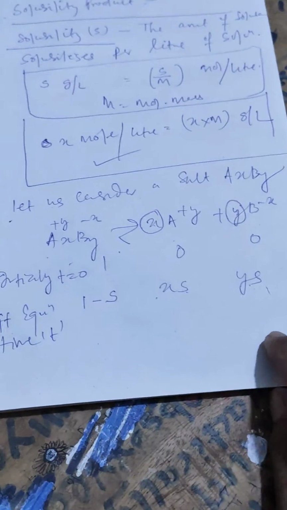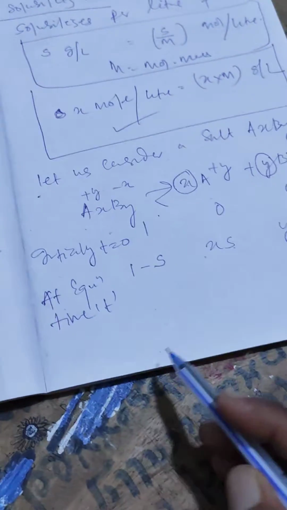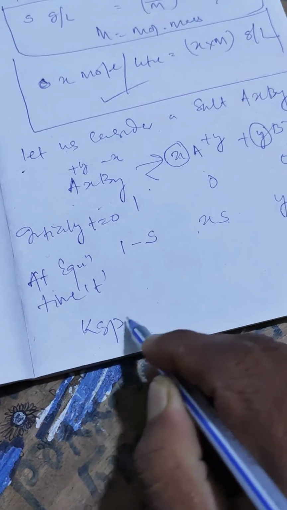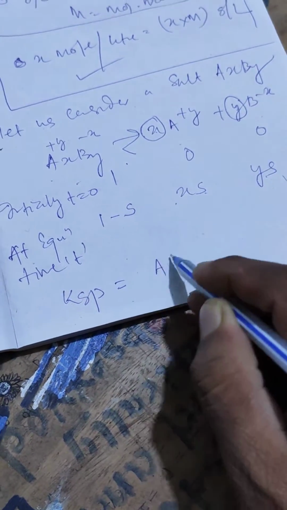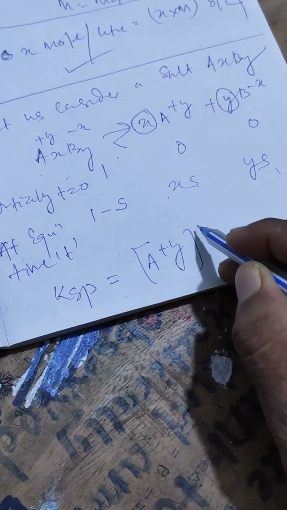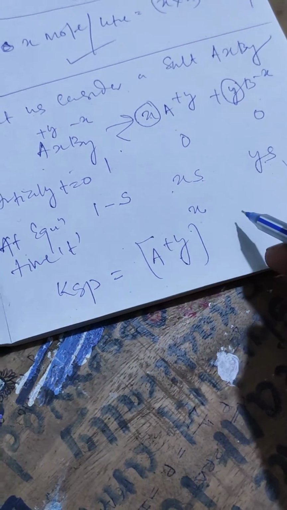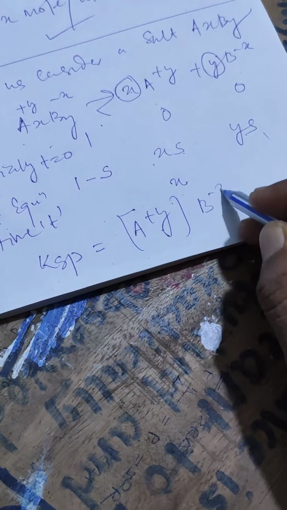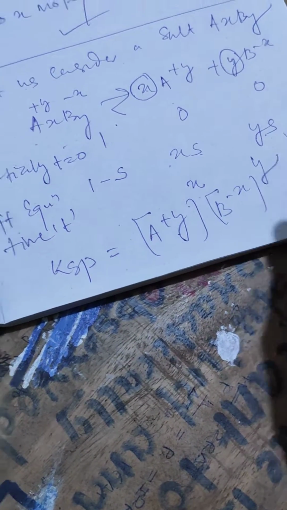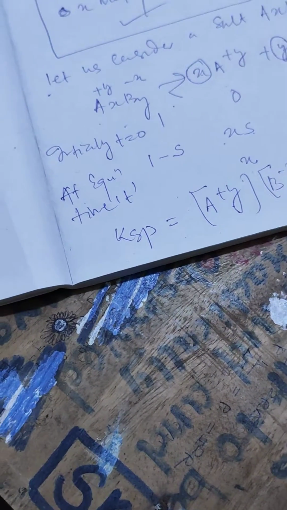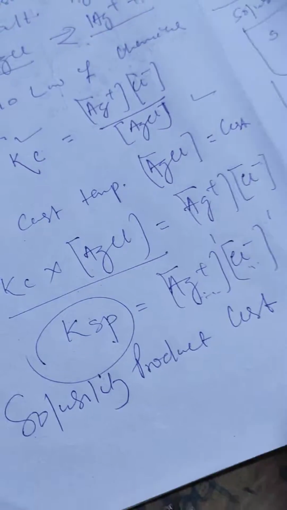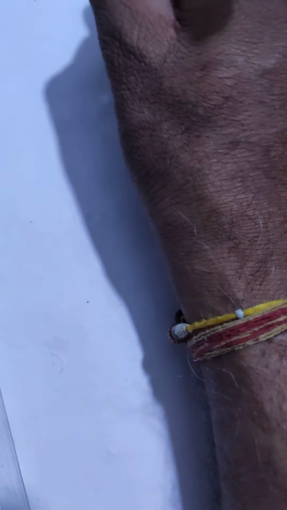So as we know, the Ksp, the solubility product constant, is equal to the product of molar concentration of all ions, A plus y raised to the power coefficient x, B minus x raised to the power coefficient y. Okay. So the Ksp is equal to x to the power x, y to the power y, S to the power x plus y.